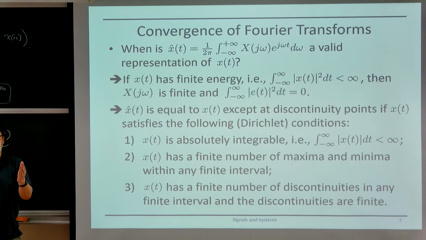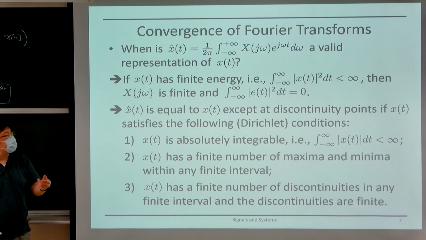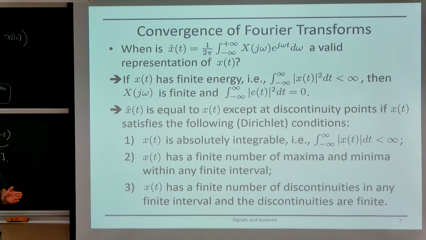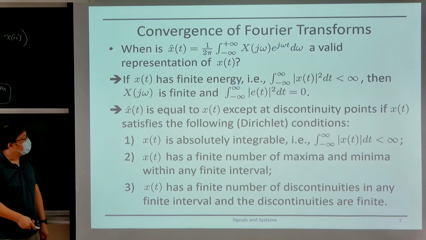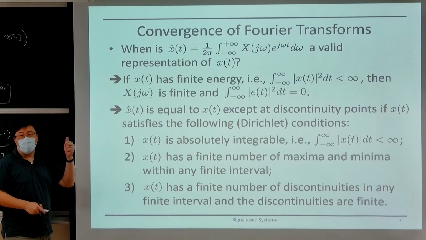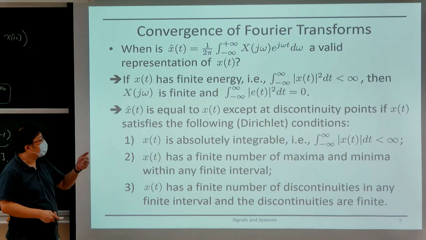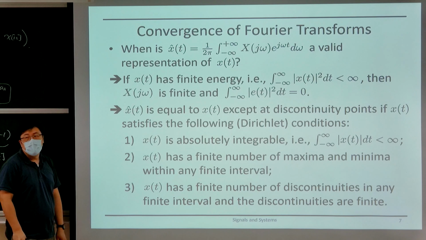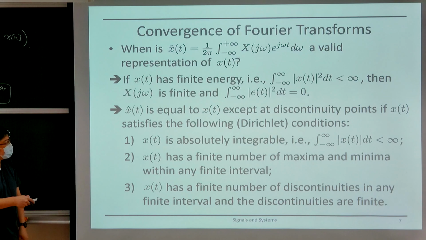But now we're assuming the period goes to infinity, so we're basically saying that the signal x of t itself has finite energy. Or if you're looking at almost everywhere convergence, or convergence except at these discontinuity points, then you would want to satisfy the set of Dirichlet conditions. So this includes x of t being absolutely integrable.